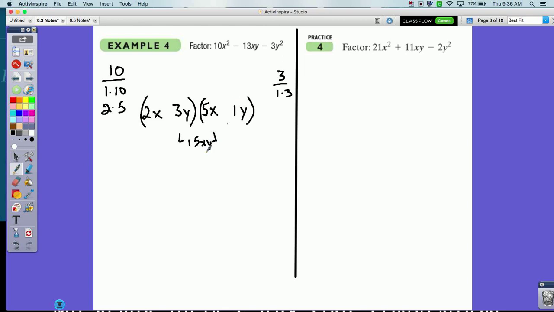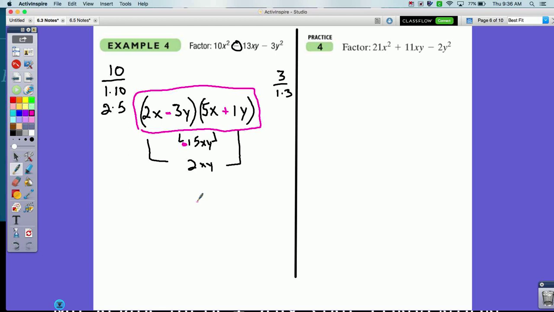And the 1 here, that would give me a 2xy on the outside. And those do subtract together to give me 13, but I need a negative 13. So I know the minus has to go with the 15, which puts the minus with the 3 and a plus with the 1y. And there's your answer.